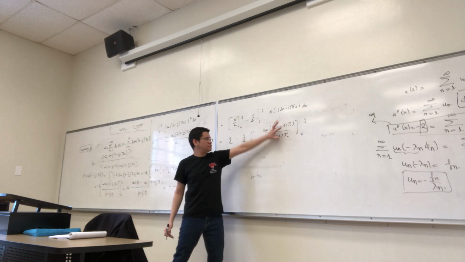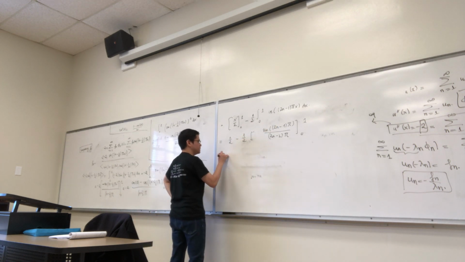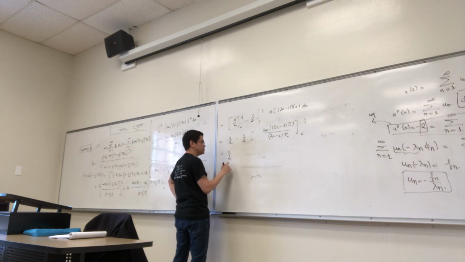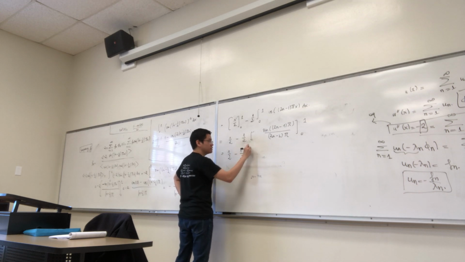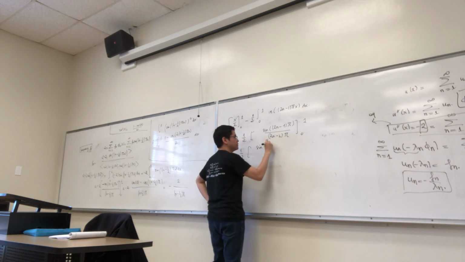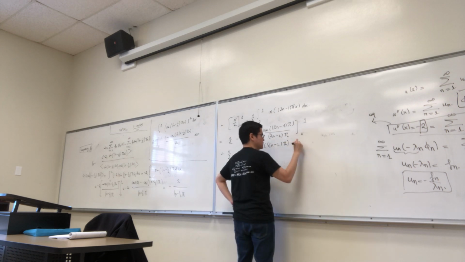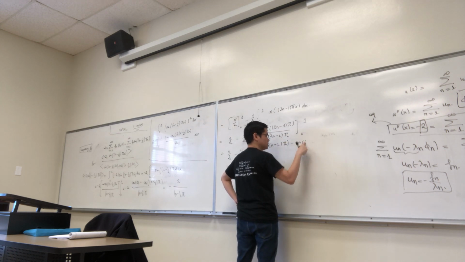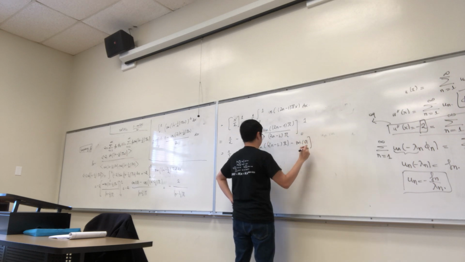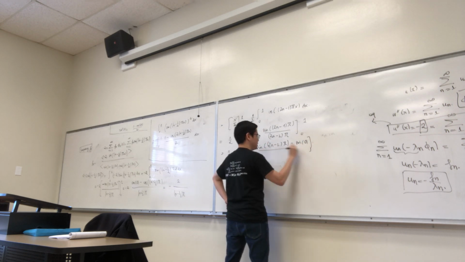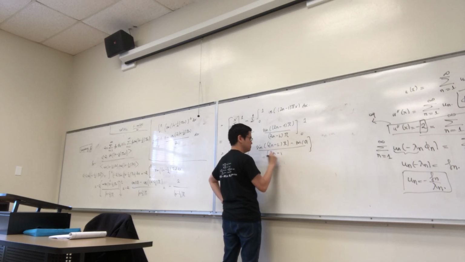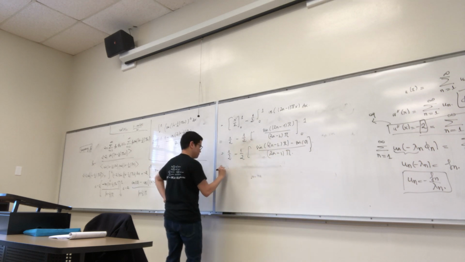So this gives me 0. The other one gives me 0, so this is 1/2. So it is sinus of (2n minus 1) pi minus sinus of 0, dividing by (2n minus 1). So this is 0. So basically this is 1/2.